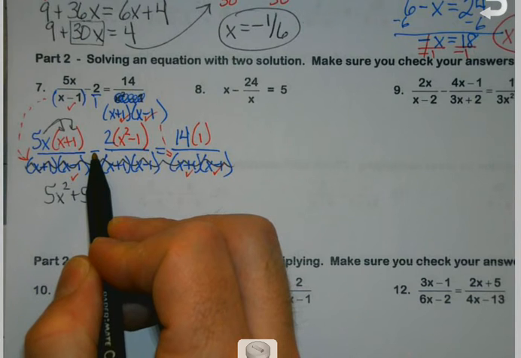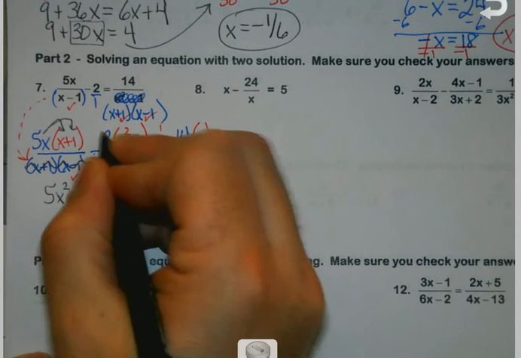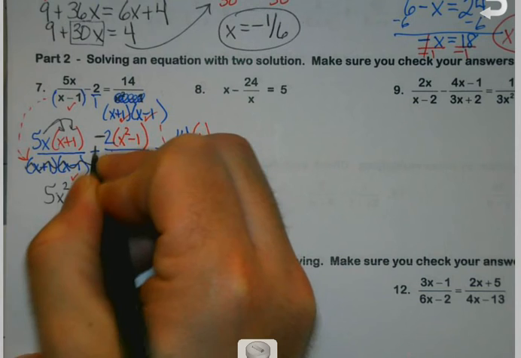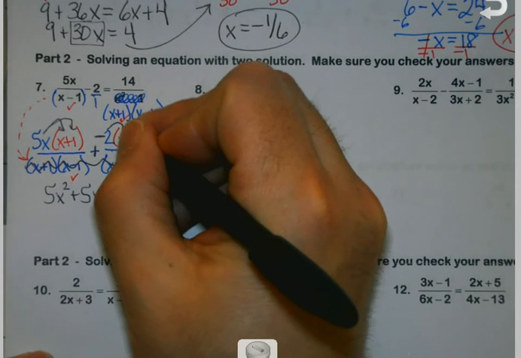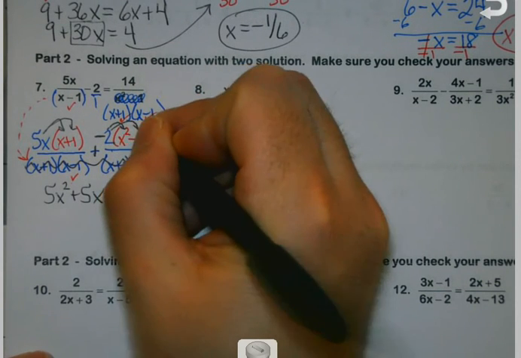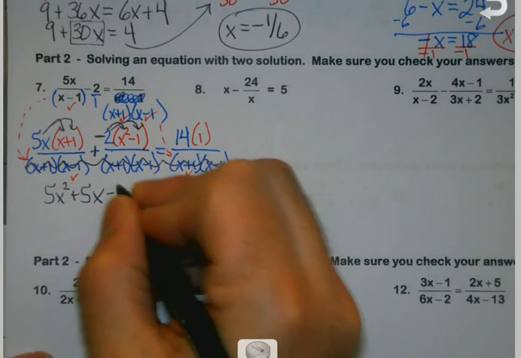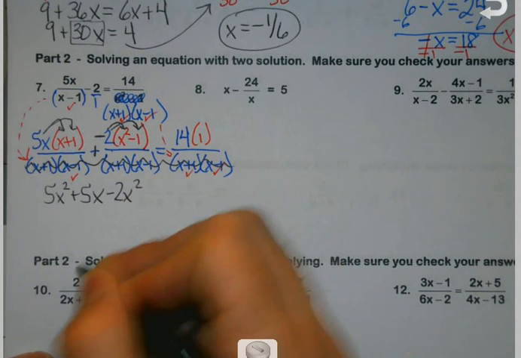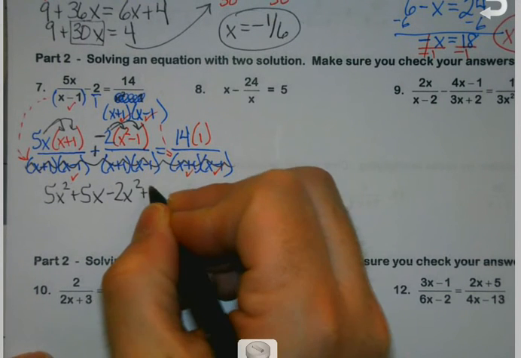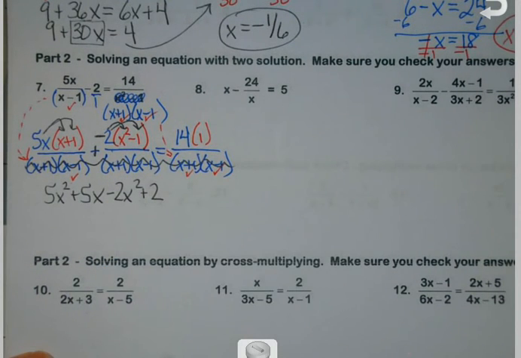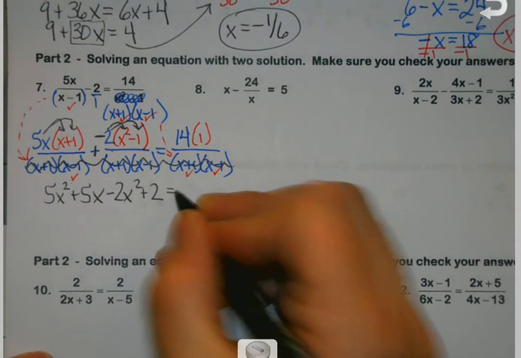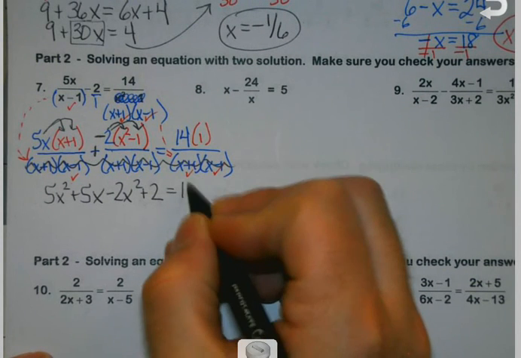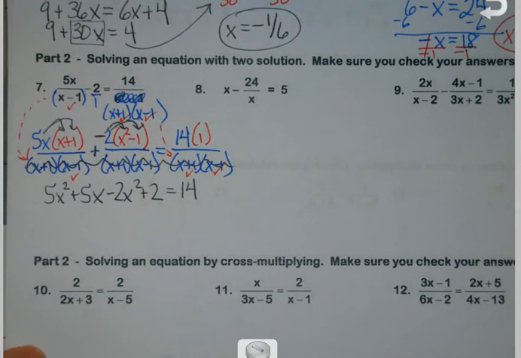If you think back to when we talked about this before, what we normally were doing was just moving the negative up here so I didn't forget about it when I distribute that through. So negative 2x squared and plus 2. And then 14 times 1 is 14.